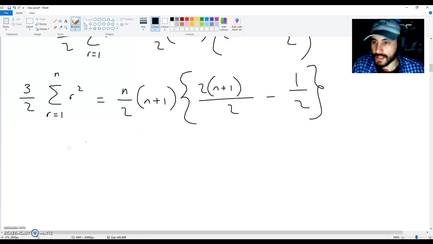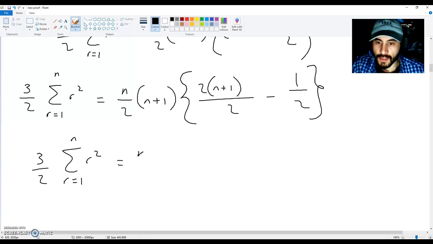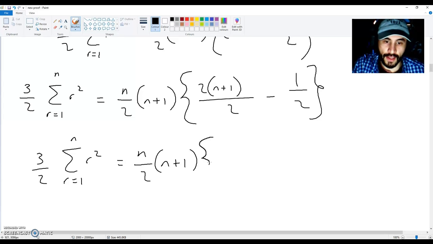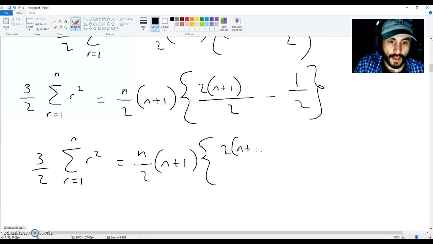And if we do this, we get this again, and it's going to be equal to n over 2 multiplied by n plus 1, then multiplied by this in brackets. That is 2 times n plus 1 minus 1 over 2.